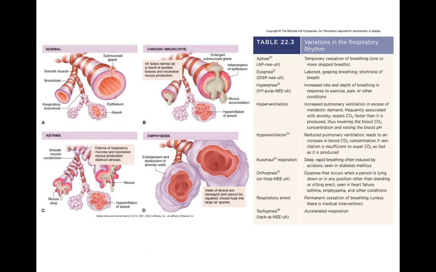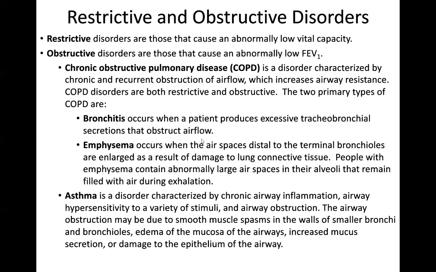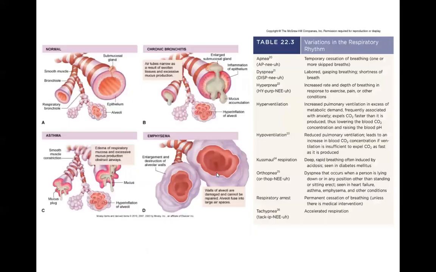We can see that very easily here on the next page. Whereas here in figure D, we show emphysema. Those are the little grape-like alveoli I talked a little bit about last week. Okay. Emphysema occurs when the airspace distal to the terminal bronchioles is enlarged as a result of damage to lung connective tissue. People with emphysema contain abnormally large air spaces in the alveoli that remain filled with air during exhalation.